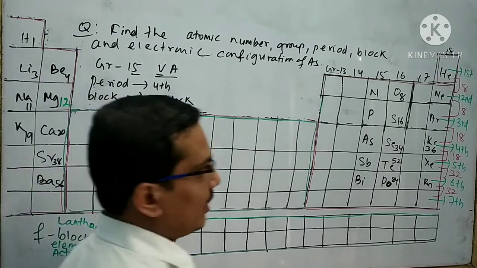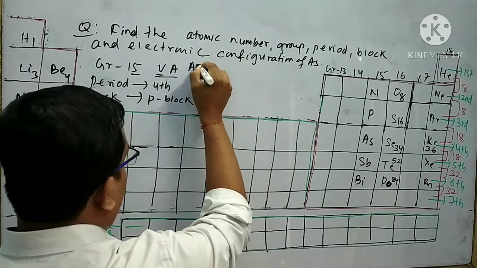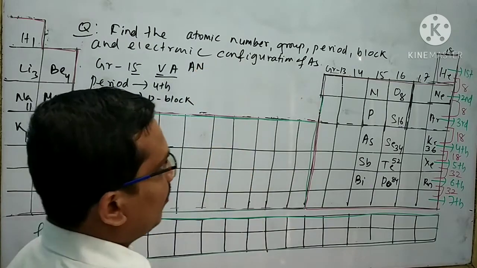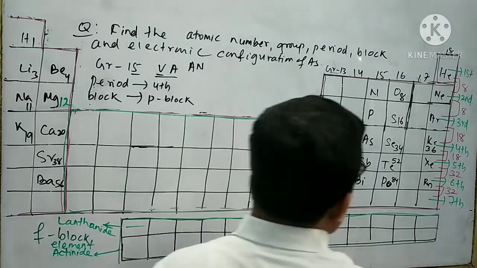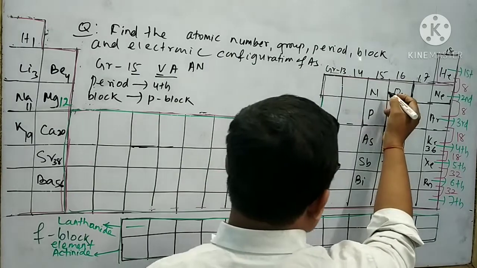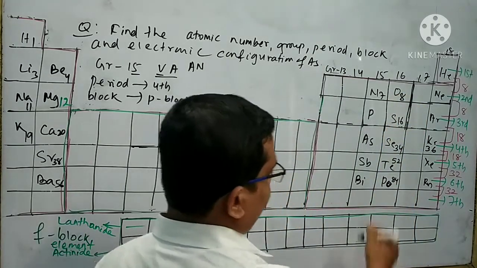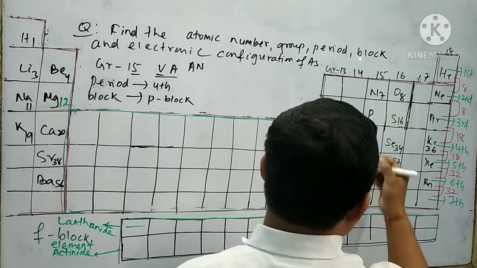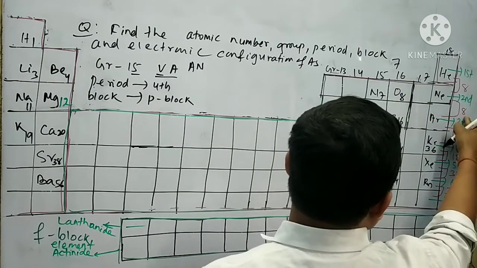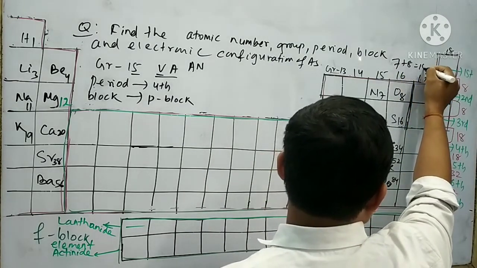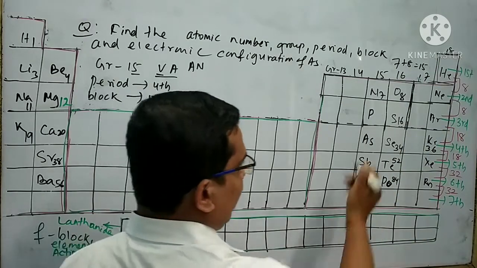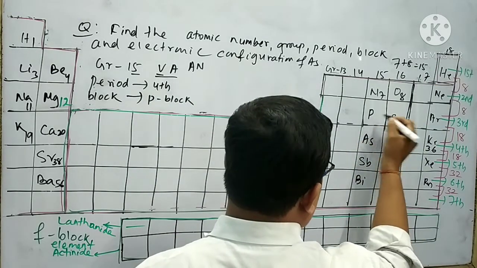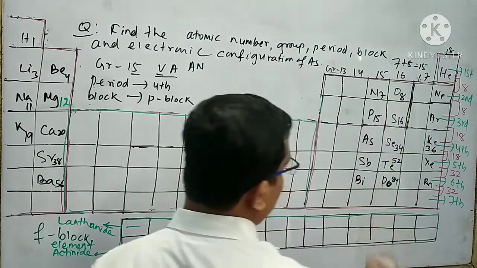Next, I want to write the atomic number of arsenic. Nitrogen has atomic number 7. Phosphorus belongs to the third period, so the atomic number is 7 plus 8, that is 15. So here I can write the atomic number of phosphorus is 15.